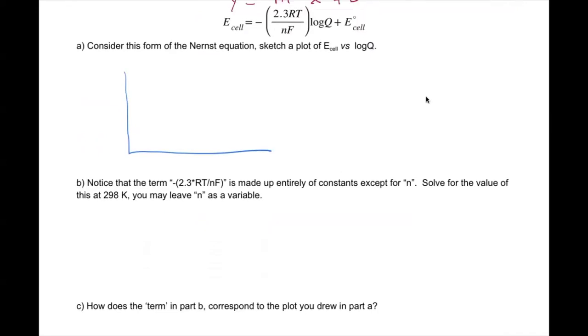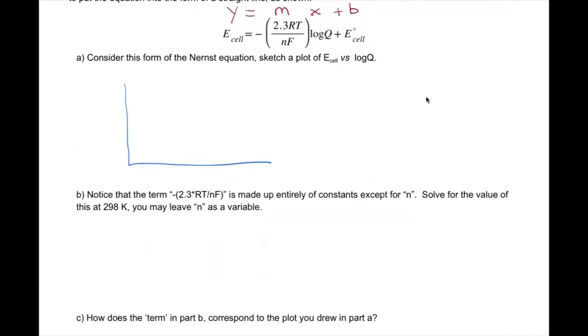In part B, we're going to look at this part of our equation, which is up here. We're going to simplify it, because if we look at this part of the equation, R, T, and F and 2.3 are all constants.